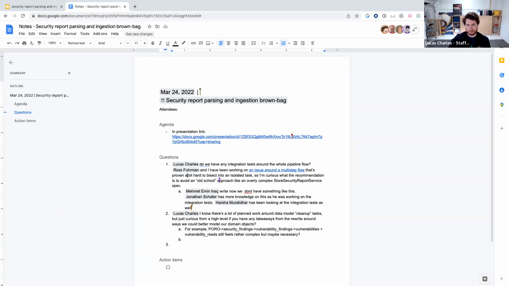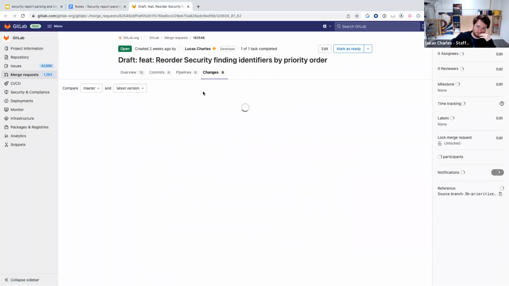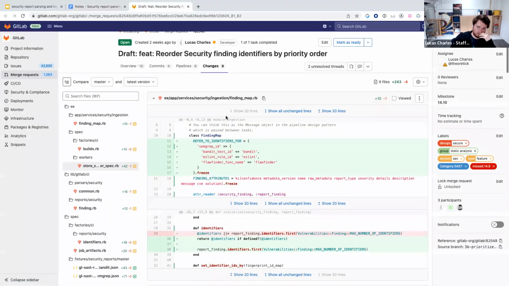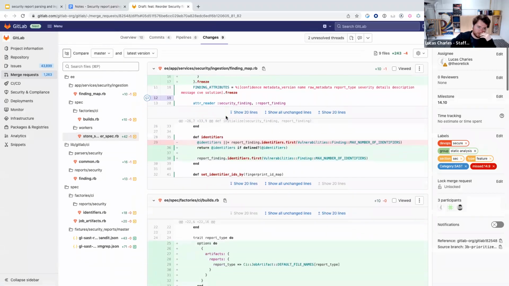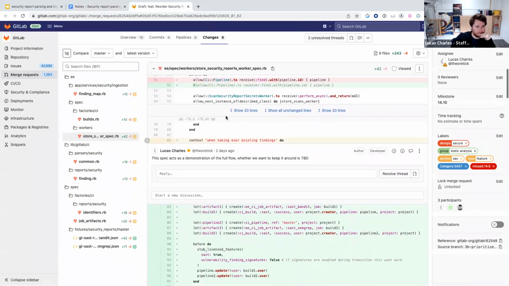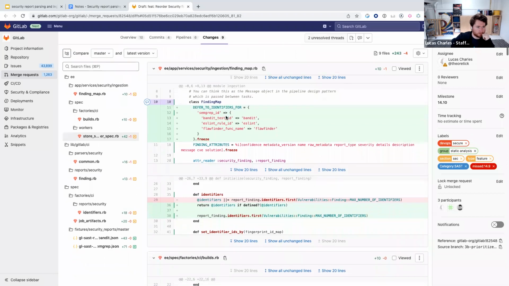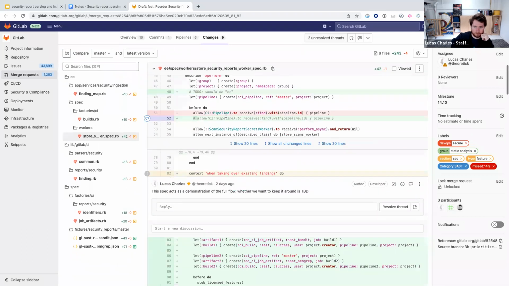Here is what I've been using to test this feature, which is basically just ingest fixtures, and it starts at that comment in the store security reports worker.